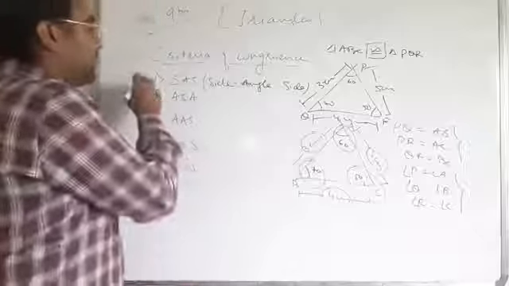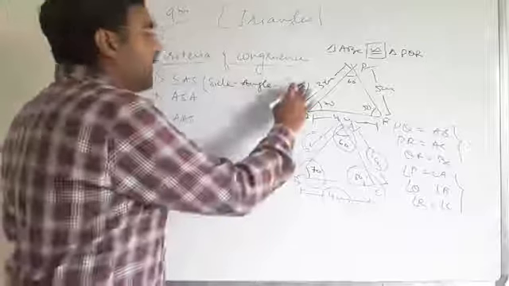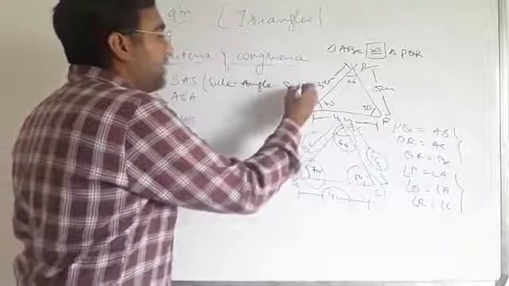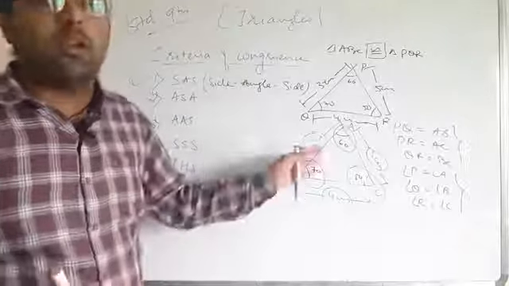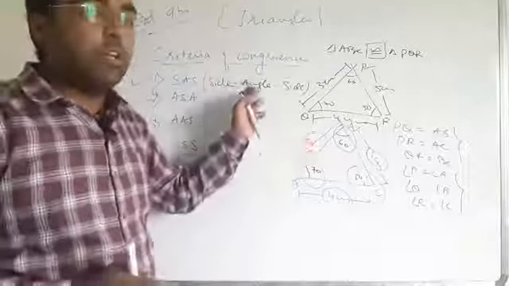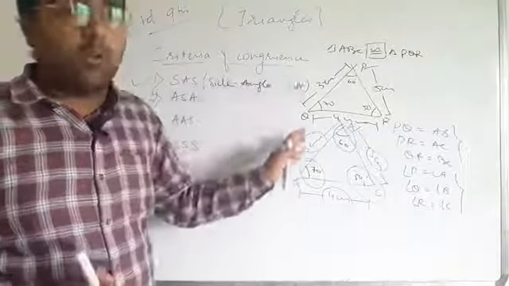For one of the criteria, side angle side, we just show that two sides of the triangle and the angle included between them are equal.